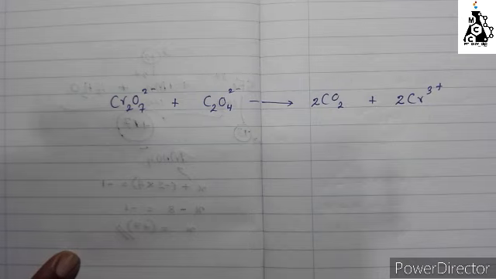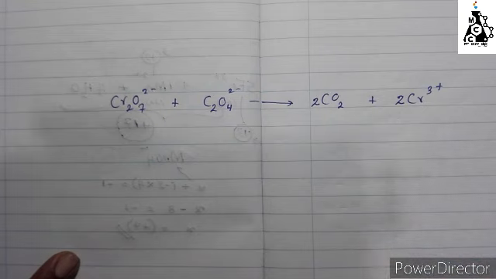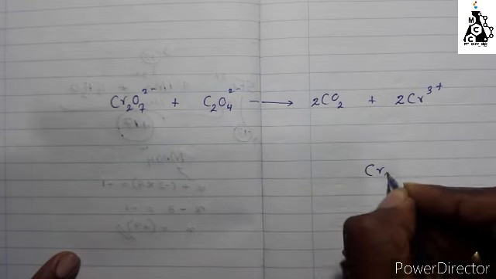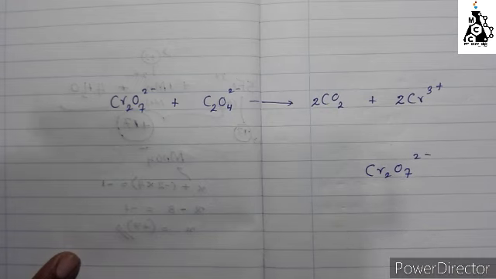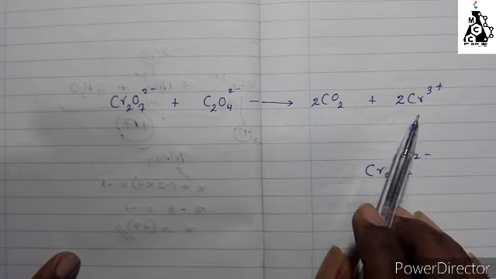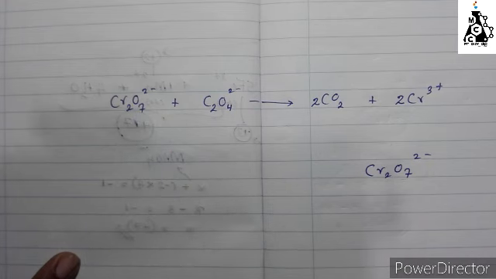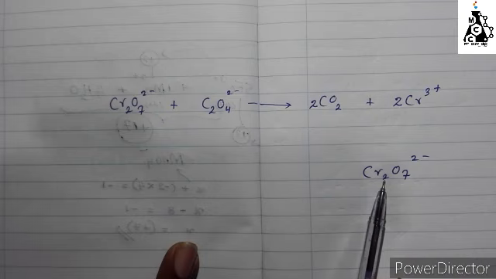Now you have to figure out the oxidation number of these molecules and ions. Cr2O7 2-. They have 2 chromium atoms. Now you have balanced the chromium on your left hand side and your right hand side of the equation. When figuring out the oxidation number of chromium, you have to consider both of these chromium atoms together.